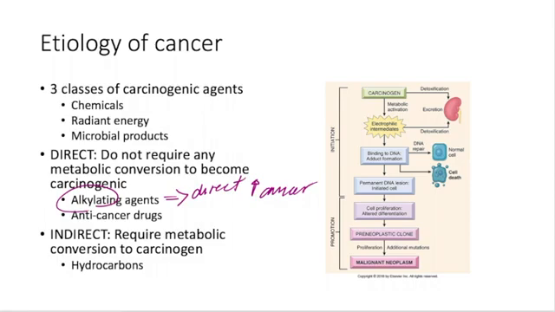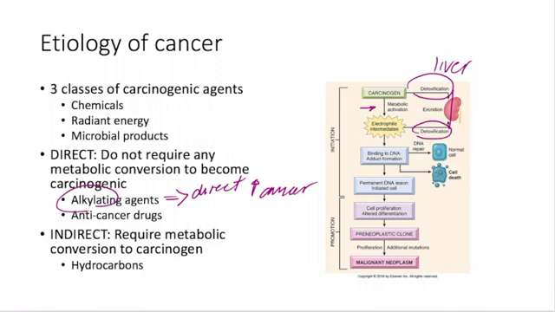Here is that process. Whether it's inhaled, ingested, or synthesized by the skin, such as radiant energy, microbial products, whatever it is, the carcinogen gets in. It is then metabolically activated, and we get electrophilic intermediates. Usually we get detoxification and excretion, and the body takes care of it, whether the liver or the kidneys are trying to get rid of the toxic agent.